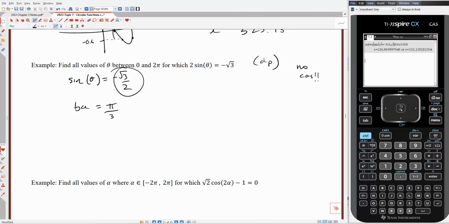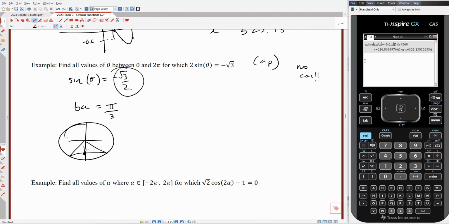Alright, now what we want to do is note on the unit circle, when are we going to get negative root 3 on 2 for sine? Okay, and I know it's actually going to be in this quadrant here and this quadrant here. That's when we're going to get a sine value of negative root 3 on 2. So what's that going to be? Well, here's pi on 3, 2 pi on 3, 3 pi on 3, it's going to be 4 pi on 3, this is 5 pi on 3, and this is going to be 6 pi on... no, it's not.